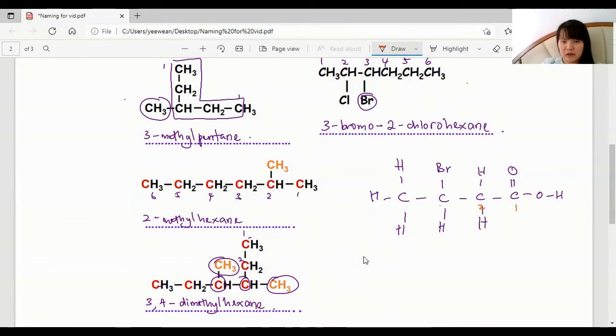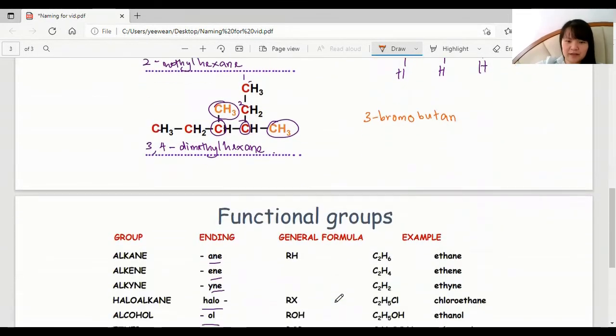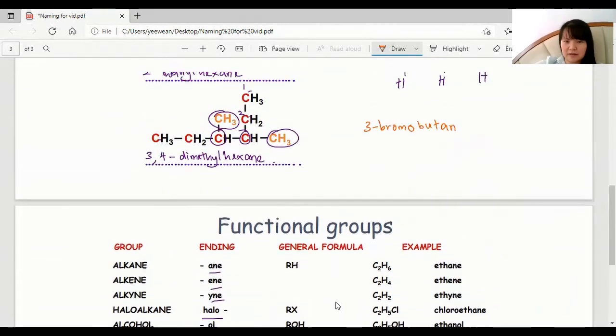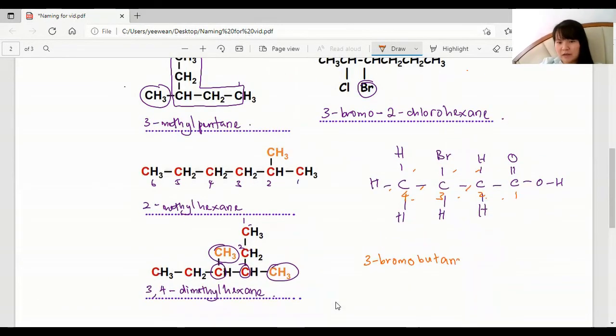So 1, 2, 3, 4. So it's 3-bromo. But, are they all single bonds? Yes, they're all saturated here, single, single, single, all the way single. So butane. And remember, for carboxylic acids, we use oic acid. Butanoic acid.